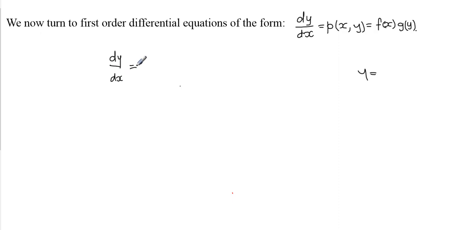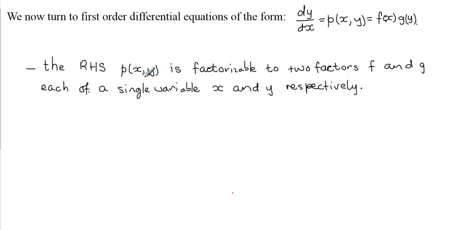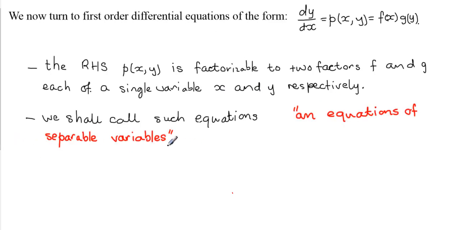But in this case, what we are being told is that this function can be expressed as f of x multiplied by g of y. What we see when we look at this expression is that the right hand side, p of x, y, is factorizable into two factors, f and g, each one a function of a single variable, x and y respectively.